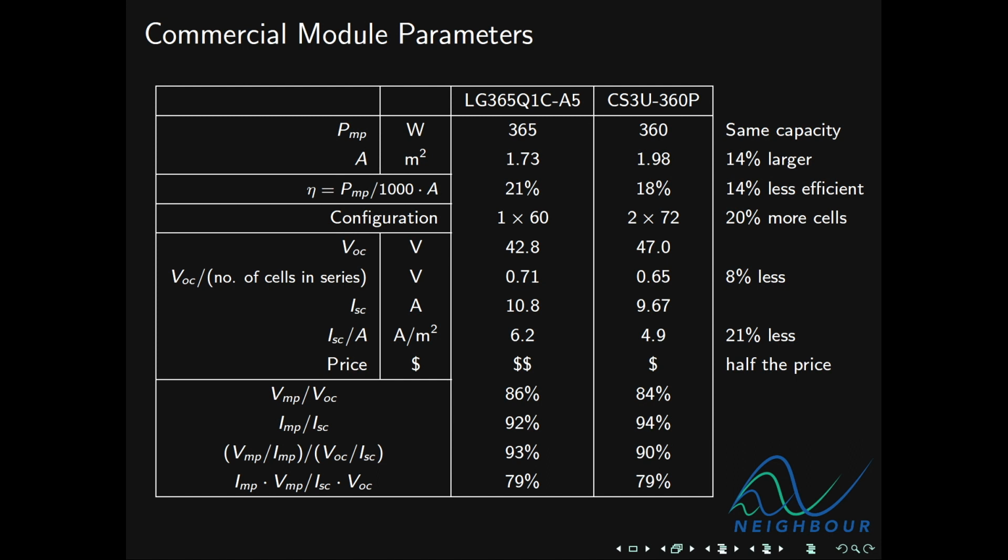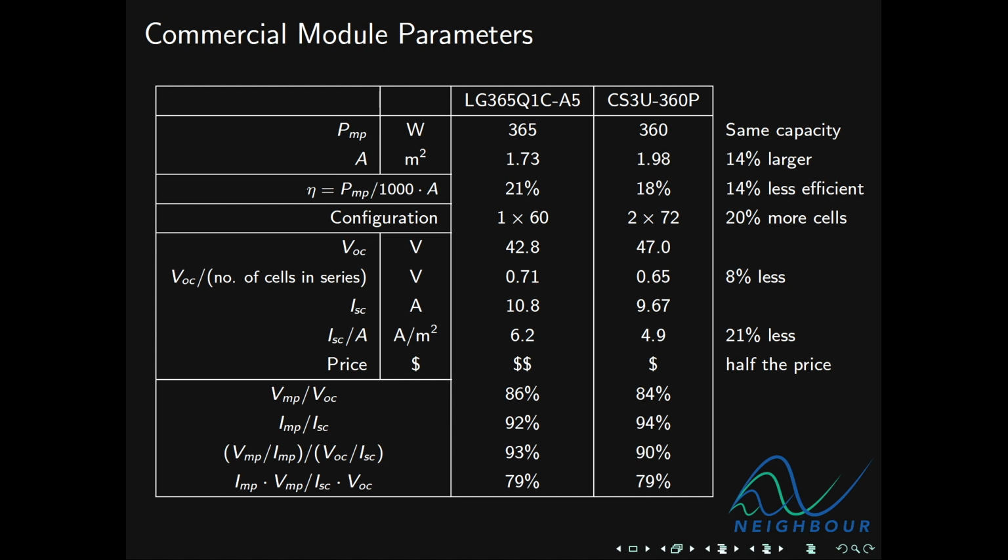Now in the bottom, I've included some ratios which may allow you to get away with not having to remember many individual specifications. For example, I've included the margin between the open circuit voltage and the maximum power point voltage, and you can see that despite these two modules having very different efficiencies and configurations, these ratios are very similar. In the case of the margin between the maximal voltage and the maximum power voltage, it's about 15%.